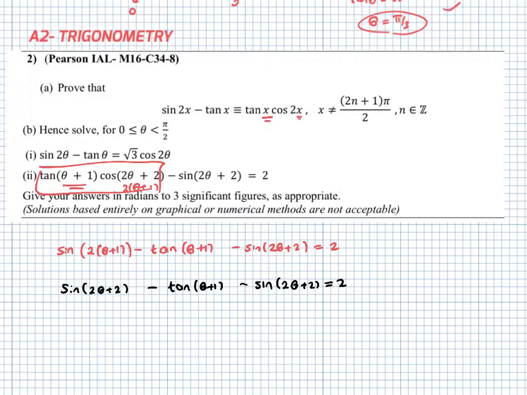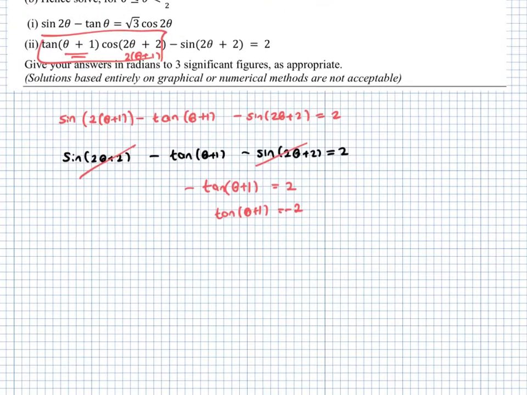As you see, this expression and this expression are the same, so what we will get here is tangent theta plus 1 is equal to minus 2. So we are looking for the theta value.